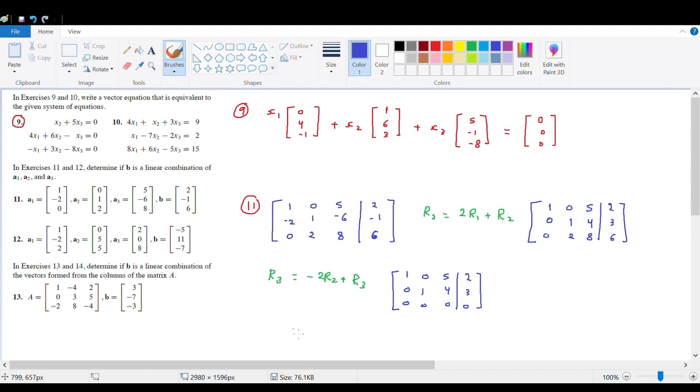So right here, since the system is consistent, then b is a linear combination of a1, a2, and a3.